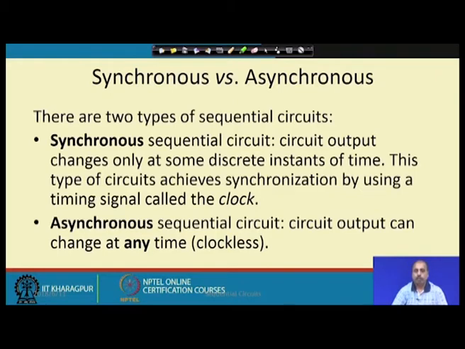For level triggering, it may be when the clock is high or when the clock is low, depending upon whether it is high level sensitive or low level sensitive. If it is edge triggered, whether rising edge triggered or falling edge triggered, the circuit output can change only at those points, whereas for an asynchronous circuit the output can change at any point of time.